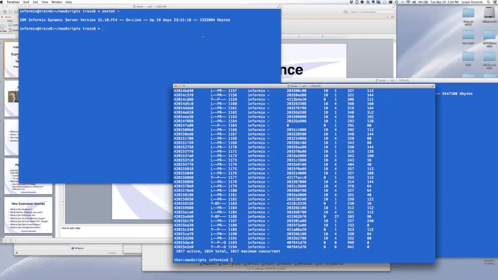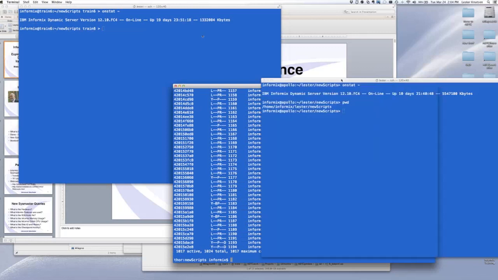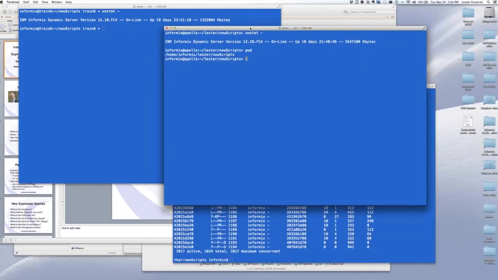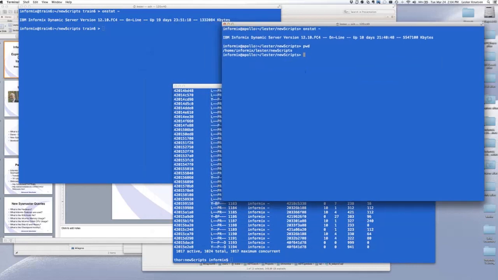Another machine I'm running here is Thor, which is one of my development systems that has 1,017 active users running right now. And then I haven't told the rest of my staff this, but I'm going to be using one of our database monitoring systems to run some stuff. So I think you can see all 3 screens.